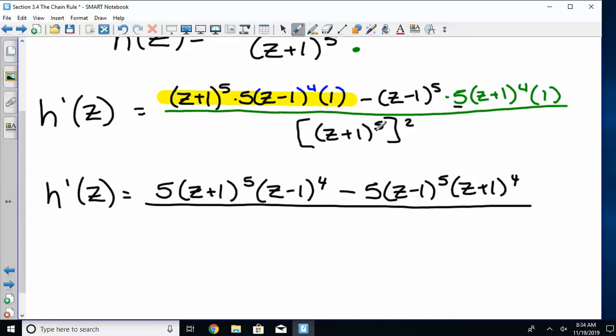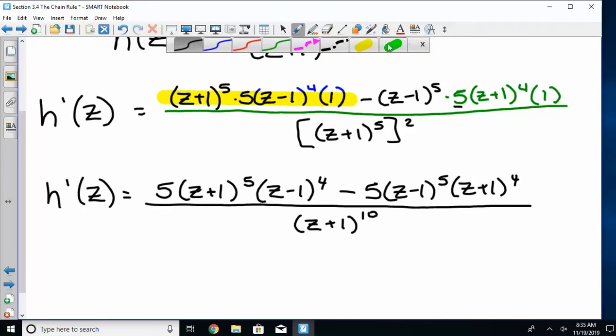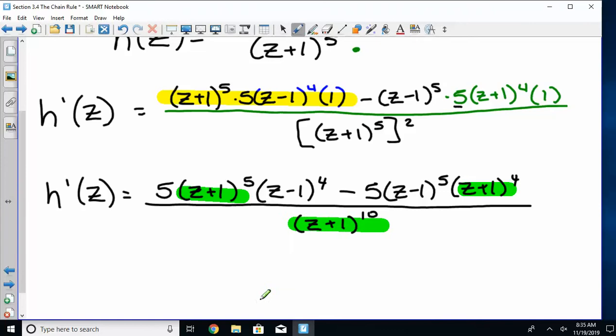On the bottom, if you square this, how do you do a power to a power? So that's z plus 1 to the 10th. Okay. Anything else we can do there? Yeah. We have a z plus 1 everywhere, don't we?